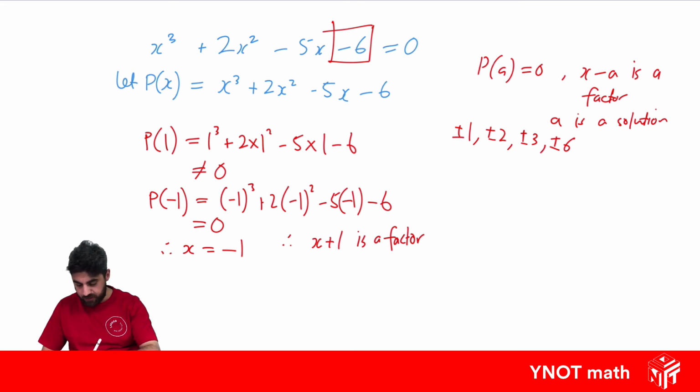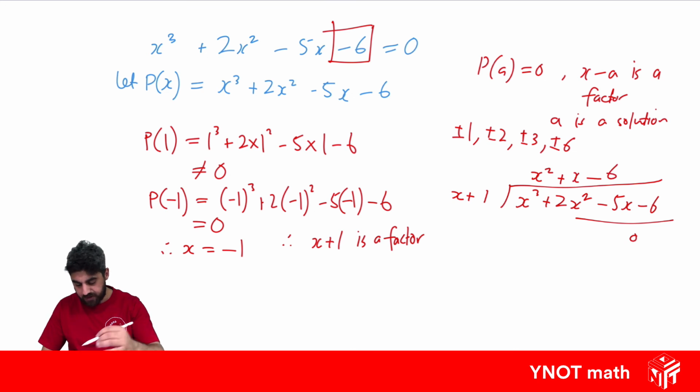If you did the long division of our polynomial x cubed plus 2x squared minus 5x minus 6 with x plus 1, our factor, I'm not going to go through it, but you would get a remainder of 0, and you'd get x squared plus x minus 6 as your quadratic.